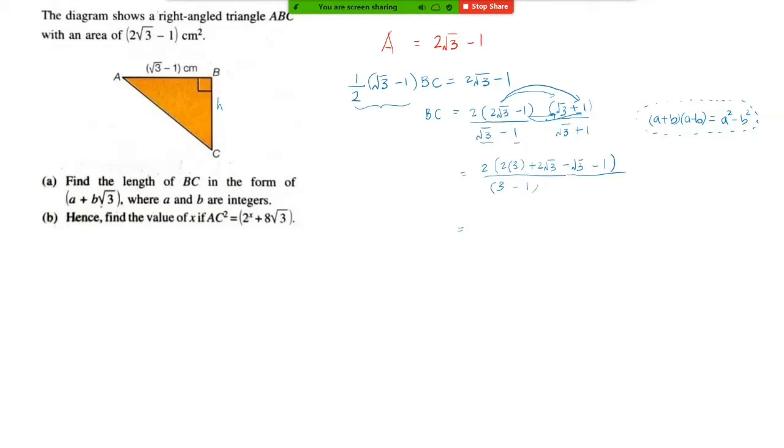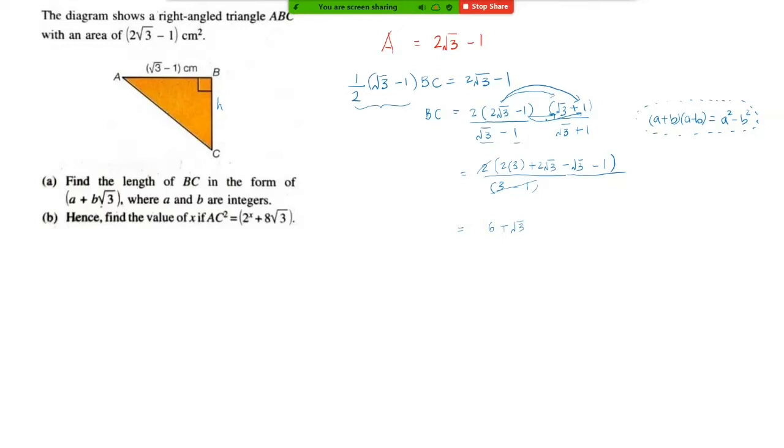So 2 times the expansion of these 2 brackets, and we can actually factorize the 2 with the denominator down there. So what we're left with will be 2 times 3 is 6, and then plus 2√3 minus √3, left with just 1√3.